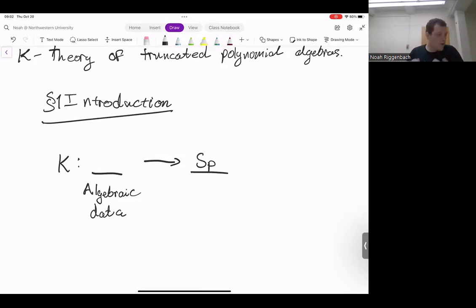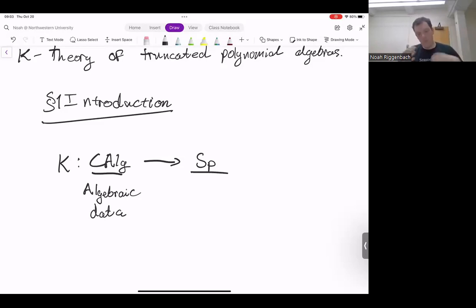A large goal of the study of algebraic K-theory is to compute the homotopy groups of this spectrum. Then for us, we'll just think about the input as being commutative, discrete rings, commutative algebras.